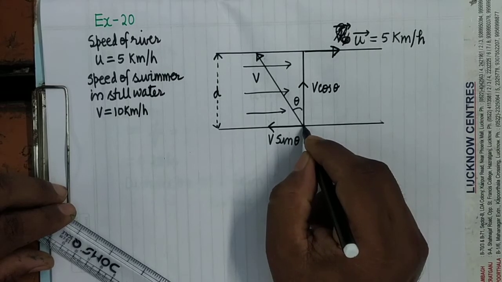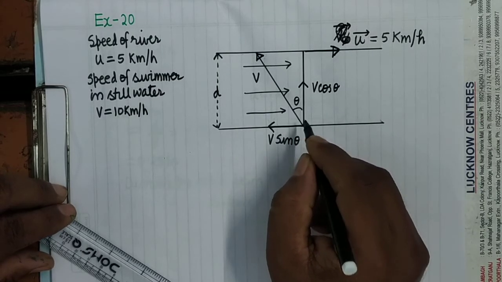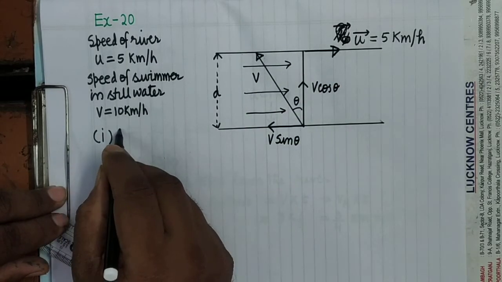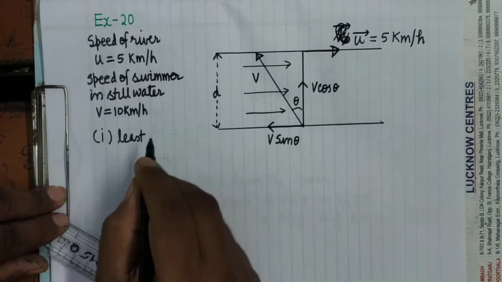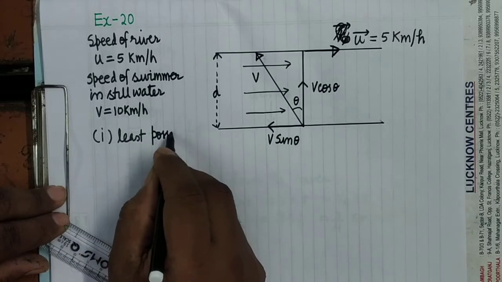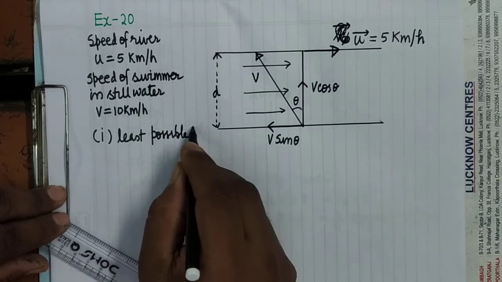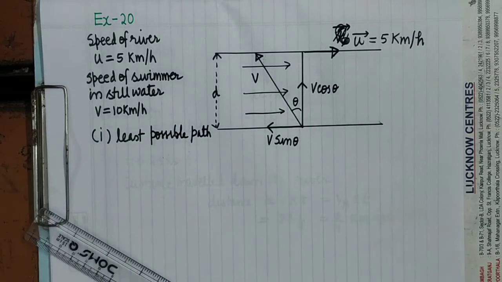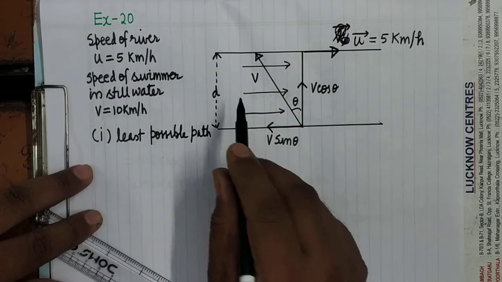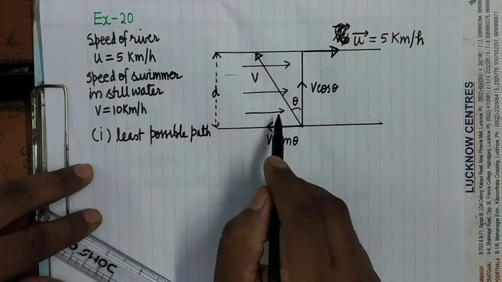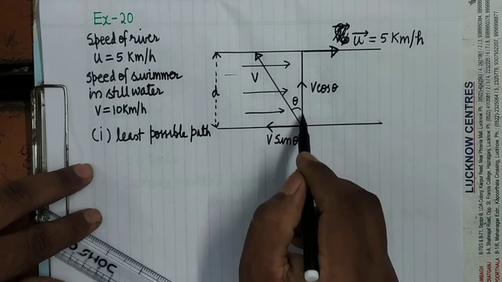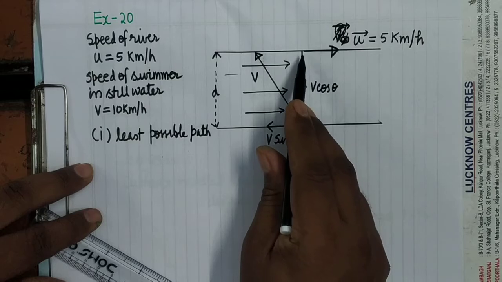Since he is starting from here, in the first case, the least possible path, from your logic you have deduced that he should swim in this direction, so that because of the force exerted by the river current, his resultant direction becomes this.